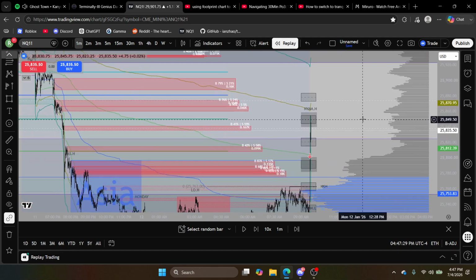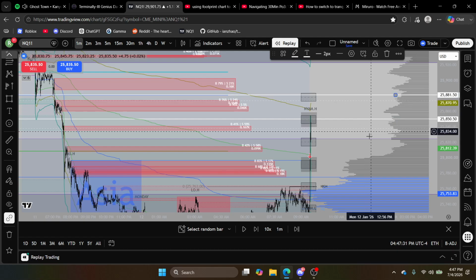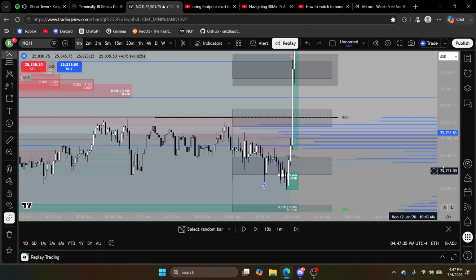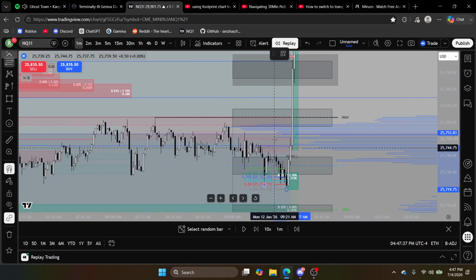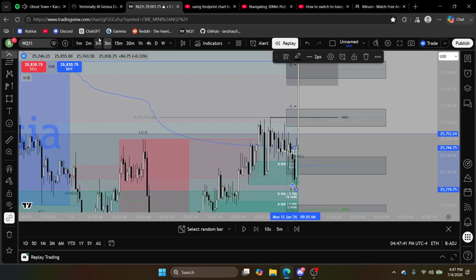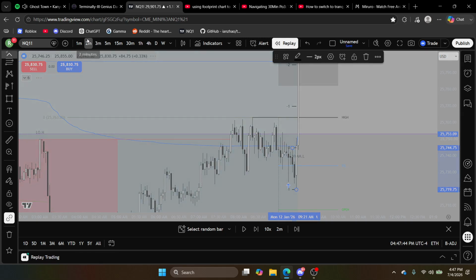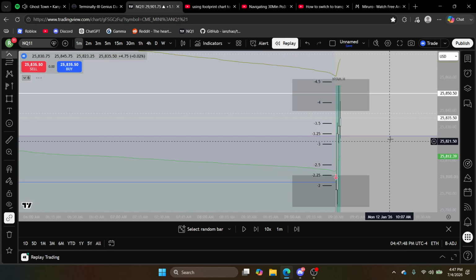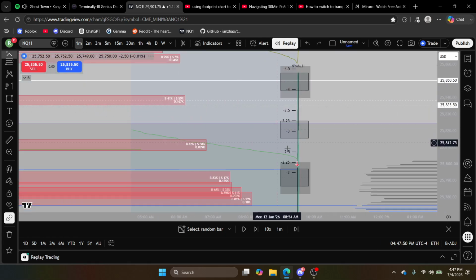We have 0.618, 0.705. Let's just mark those out so we don't have to keep looking back. We have 0.618 right there. Let's get out our standard deviation. We have this sweep right here. Let's see on a 5-minute, 3-minute, 2-minute. All right, 2-minute that lines up. 4 deviation.